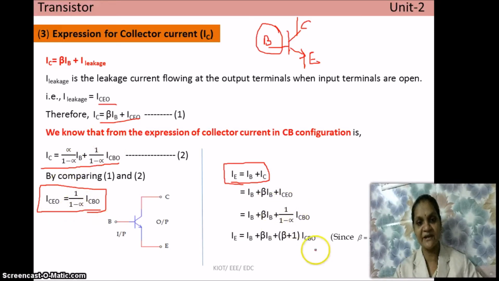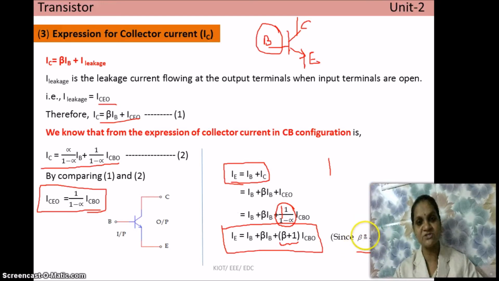Simplify again and you will get this expression for emitter current. One thing to note: the term 1 by 1 minus alpha can be written as 1 plus beta, because you know beta is equal to alpha by 1 minus alpha.